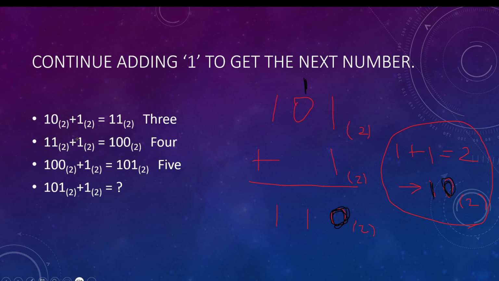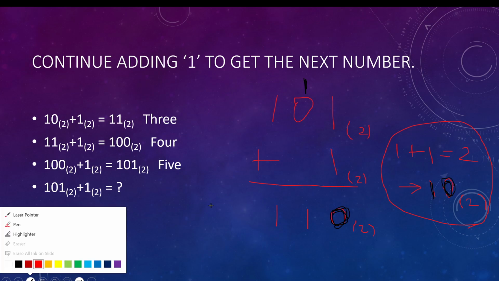1, 1 plus 1, 1 and 1 will be added, so you might say this is 12, but that's illegal because 2 is not allowed. So instead of writing 2, you have to use 1, 0. Let me write over this.